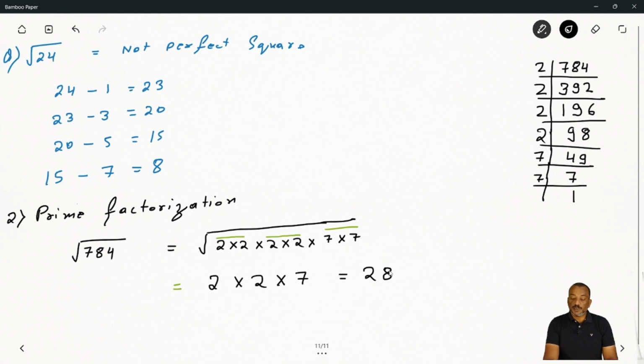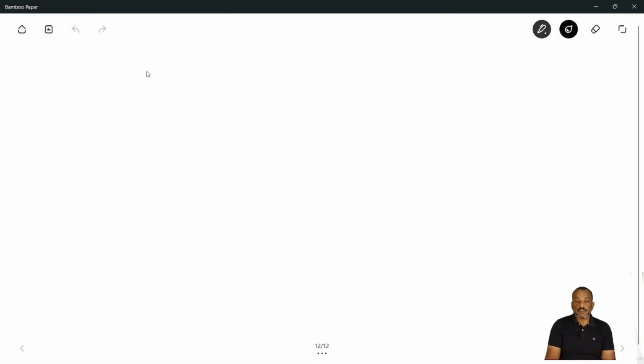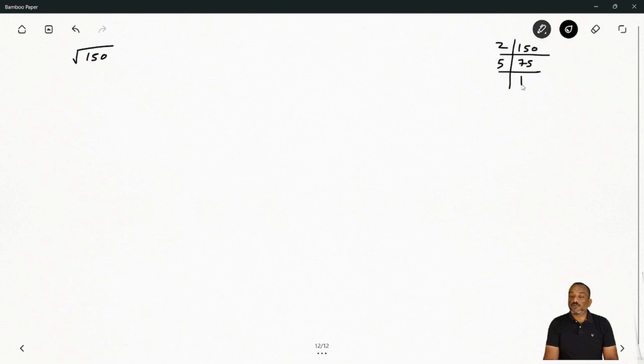Hope it's clear. So through this way we are able to find the square root of any number. Now if some number does not come in pairs, let's see, suppose we have to find the square root of 150. The same way we will do the prime factorization of 150. So 150, you can say 2 times, you will get 75. Now again you will go with 5 times, so you will get 15 and 5.